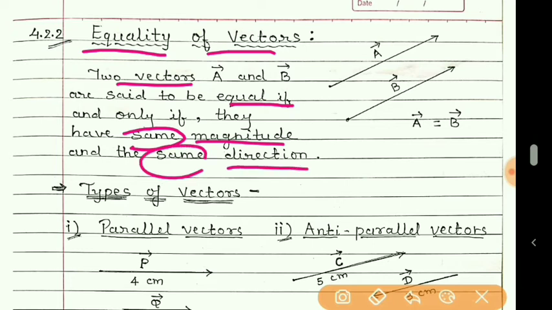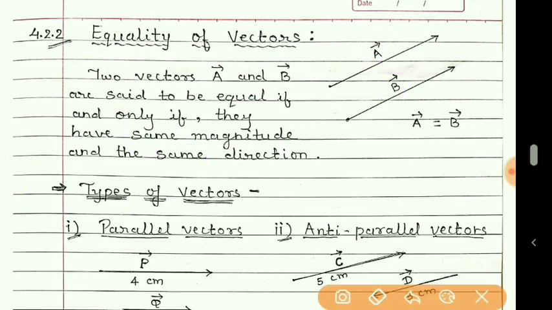Here you can see in the figure that there are two vectors, vectors A and B, given. These two vectors have equal or same length. The length of vector A as well as the length of vector B, they are same. Hence, if the lengths are same, we can say that they are having same magnitude.